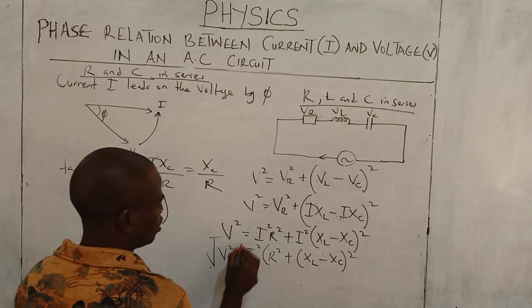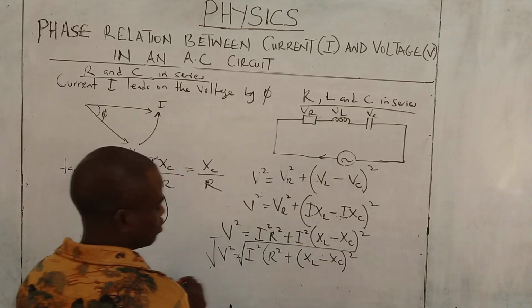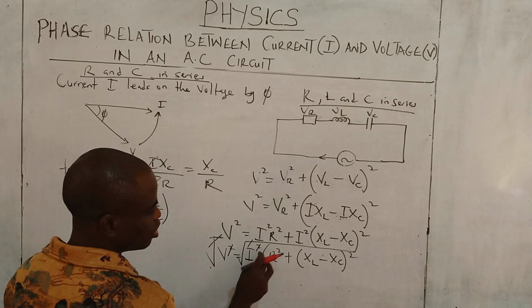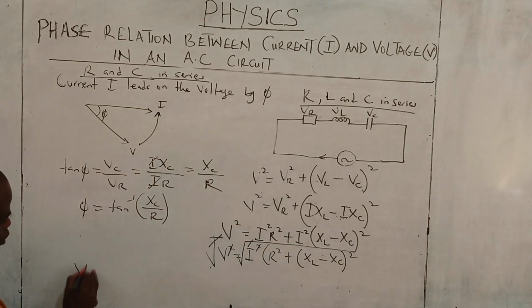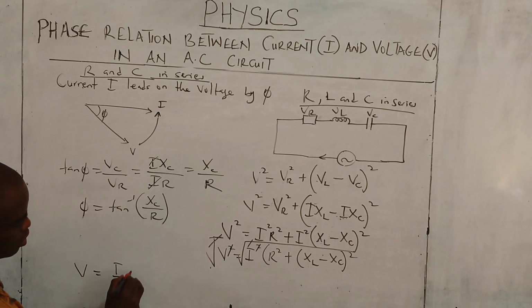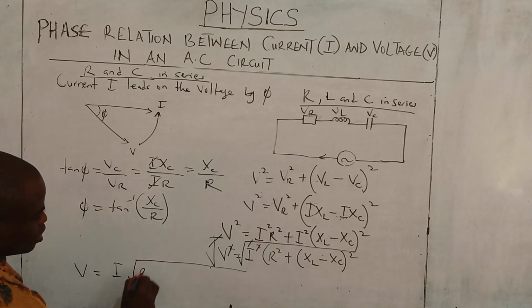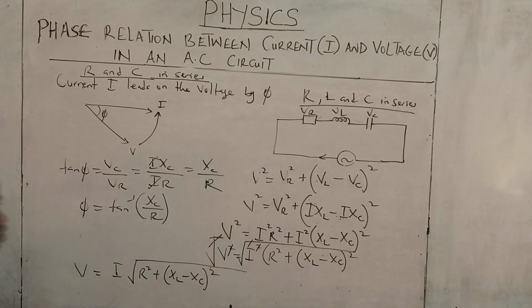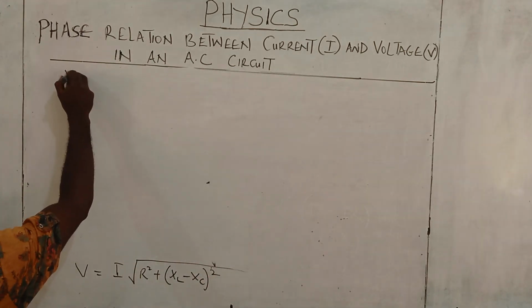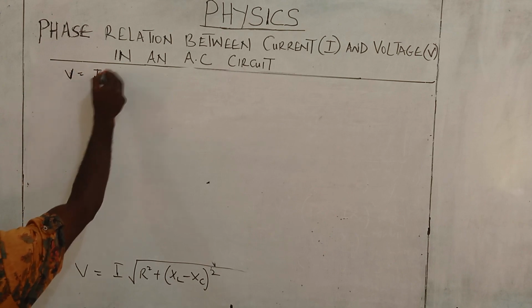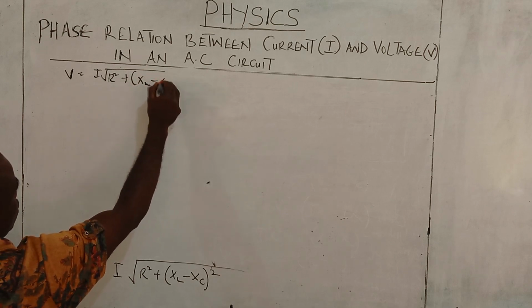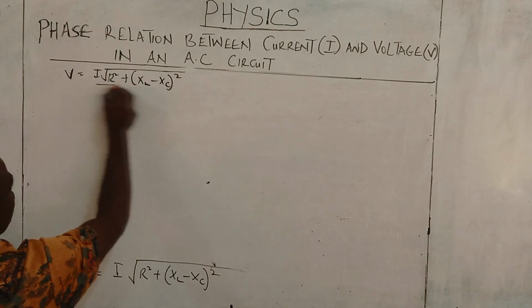Find the square root of both sides. This square will cancel these two. The remaining is the square root inside this. Now V equals I square root of R squared plus XL minus XC squared. Divide both sides by that.